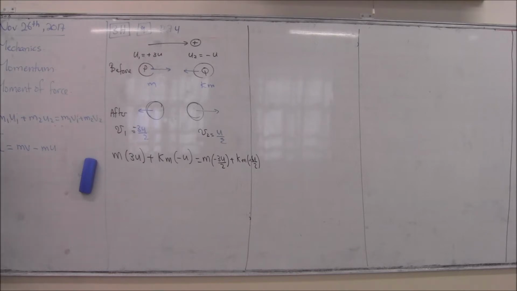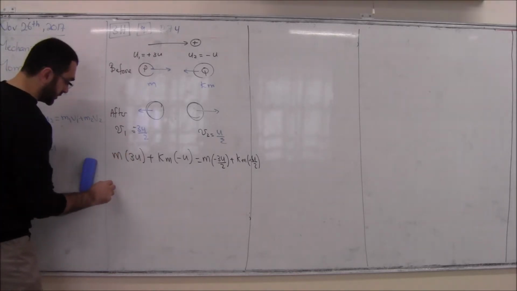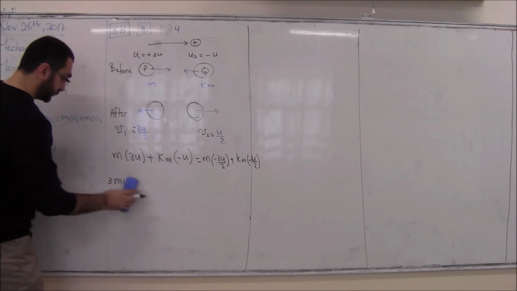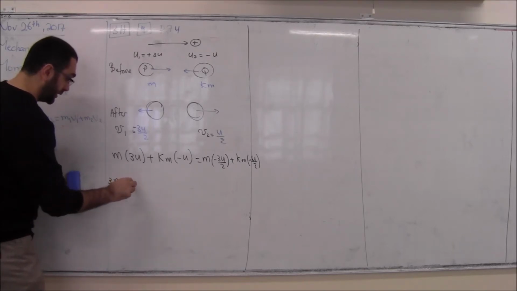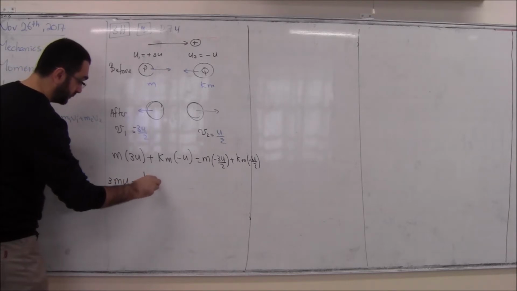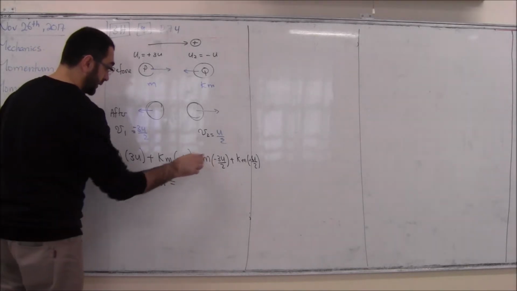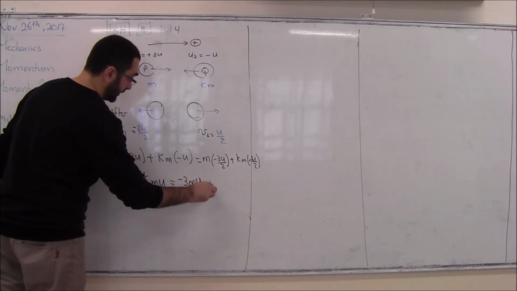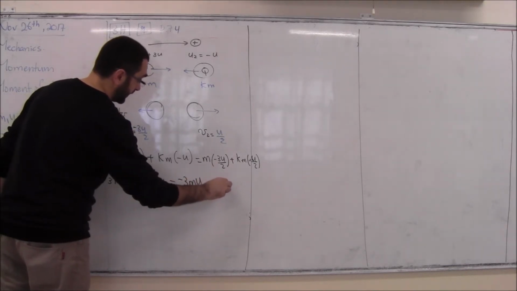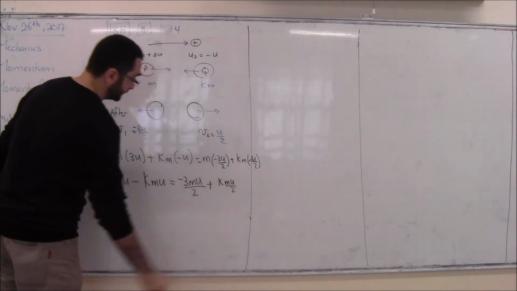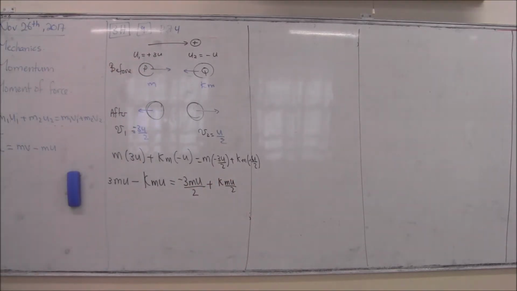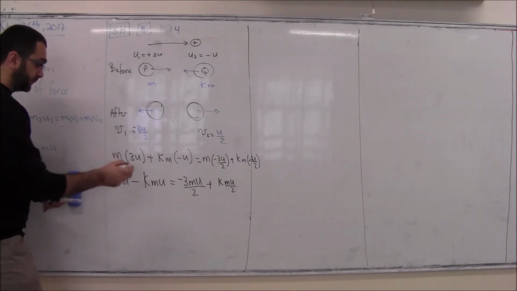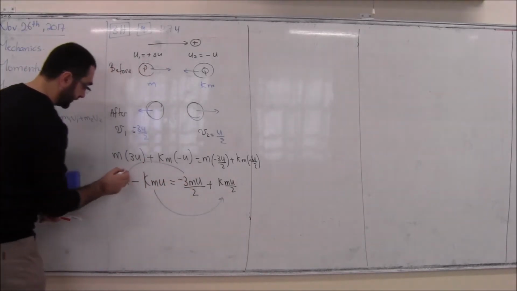In order to find K, I have to rearrange this equation. 3MU plus KMU equals minus 3MU over 2 plus KMU over 2. I have to make K the subject of the formula. Move K here, move this here.